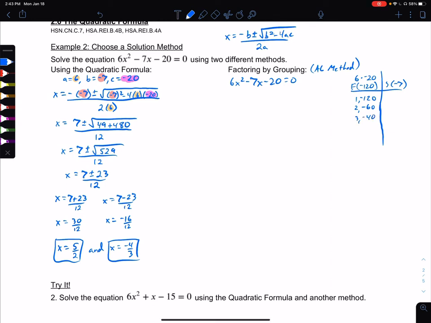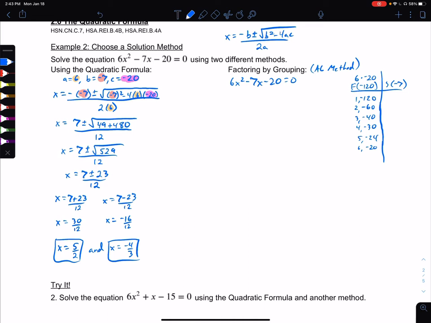3 and negative 40, 4 and negative 30, 5 and negative 24, there we go. Then you'd have 6 and negative 20, 7 doesn't work, 8 works.